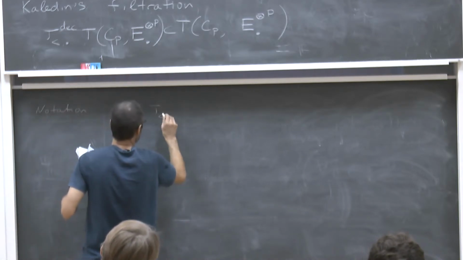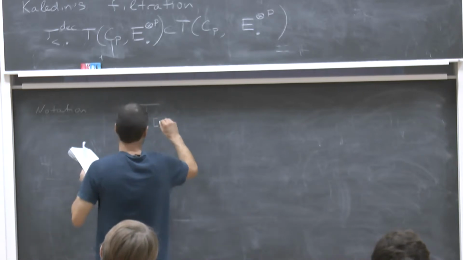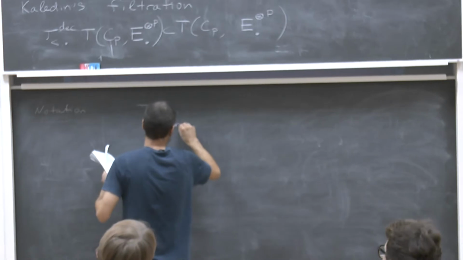tau. Let's define the truncated Tate construction for any integers n and m.